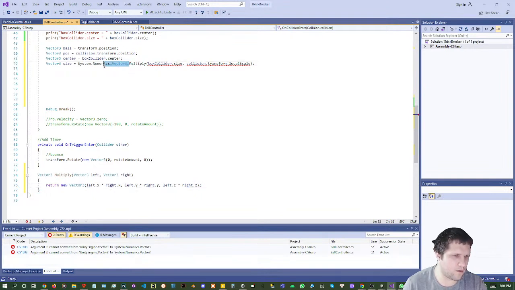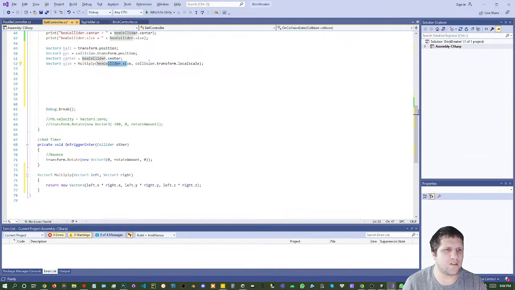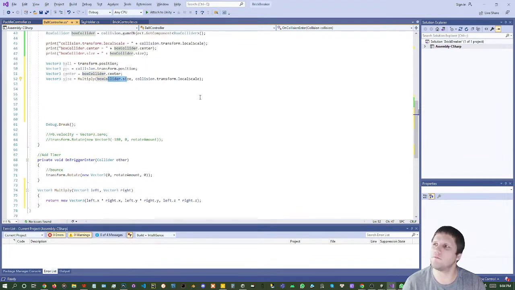Okay. And then let's just destroy all of that, and there we go. So our size is our size times our local scale. Okay, we have the ball, the position, the center, and the size.